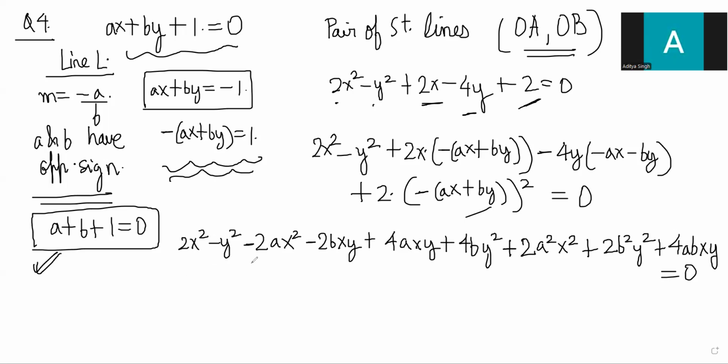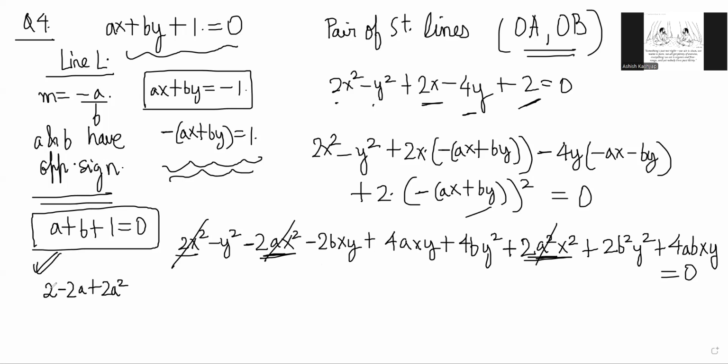Yes, sir. So I will collect all the terms of similar type. 2x squared, and there is an x squared from here and an x squared here, so these three terms are combined: (2 minus 2a plus 2a squared) x squared.